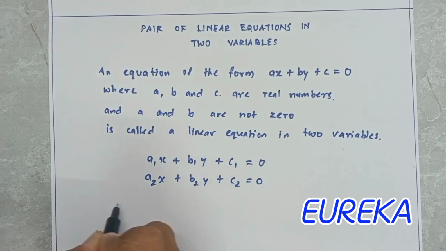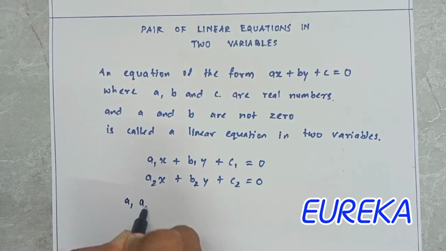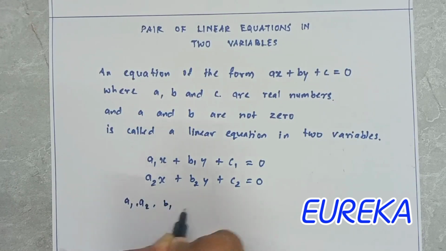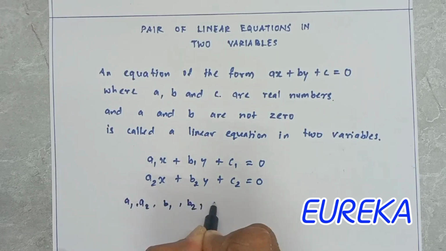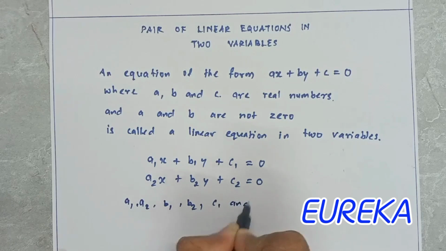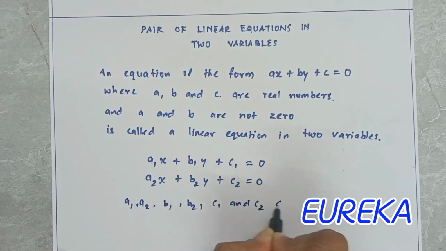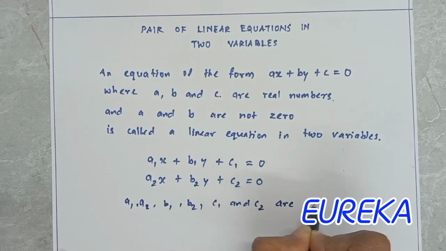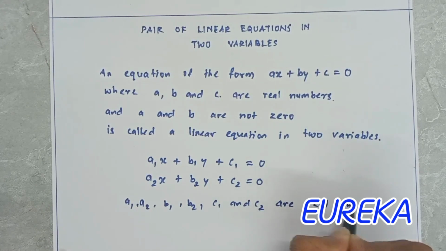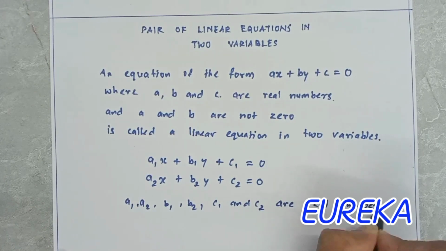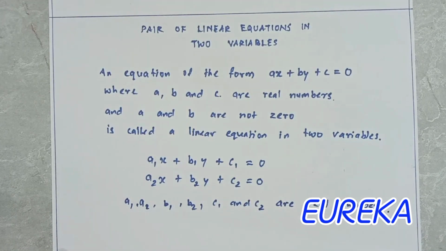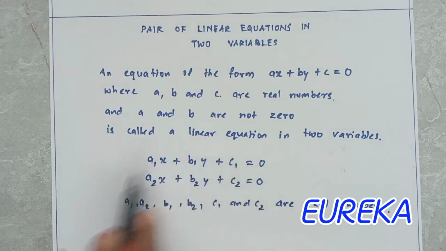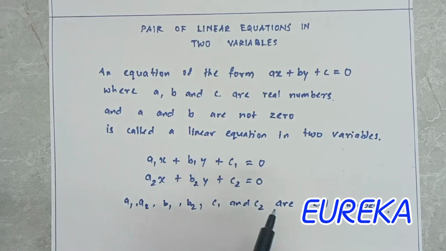Now what will we say about a1, a2, b1, b2, c1 and c2? These are nothing but real numbers. So we will say that this set represents a pair of linear equations in two variables.